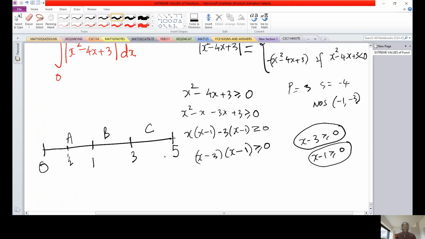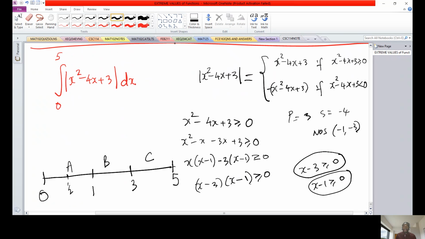Negative times negative gives you positive. So let me label this one: this to be formula 1, this one to be formula 2. So anything I pick from 0 to 1, when I put it here, I'll get this value to be greater than 0. So therefore, 0 to 1 will be defined by formula 1.